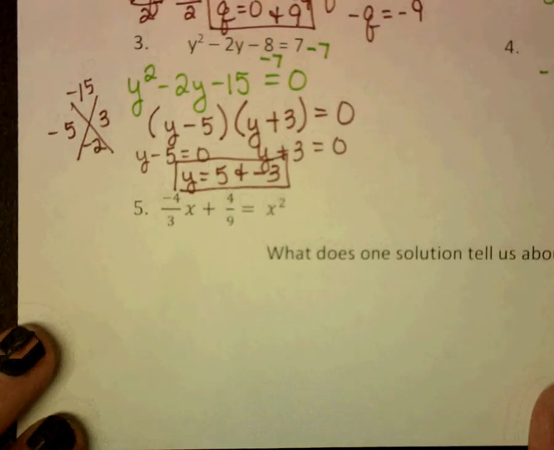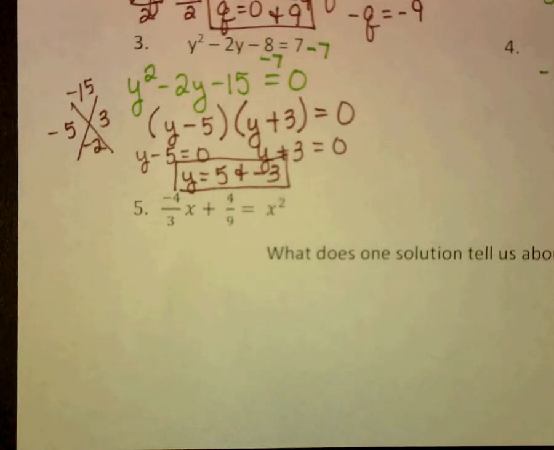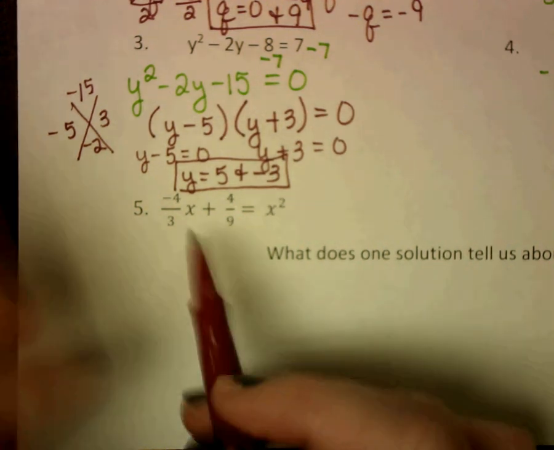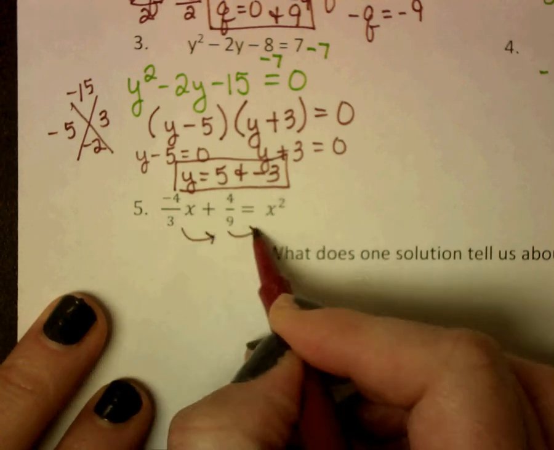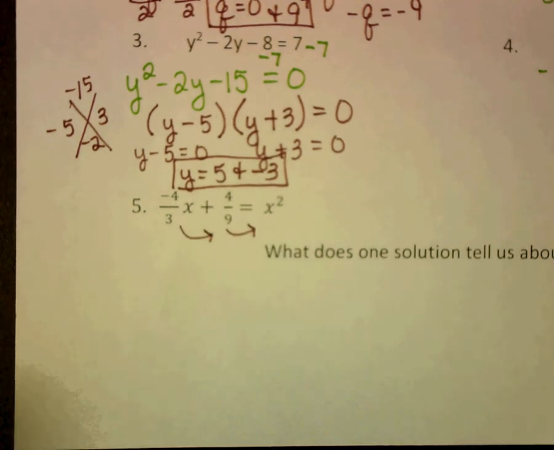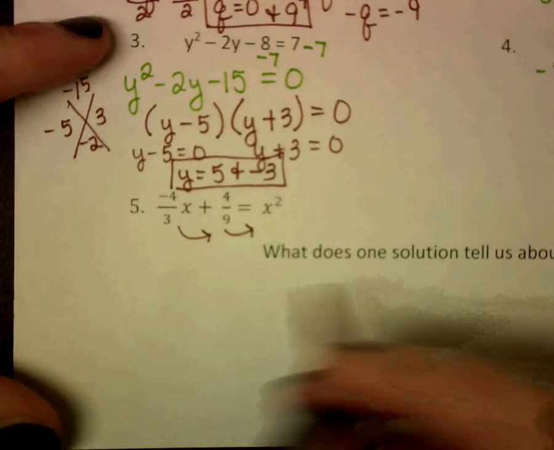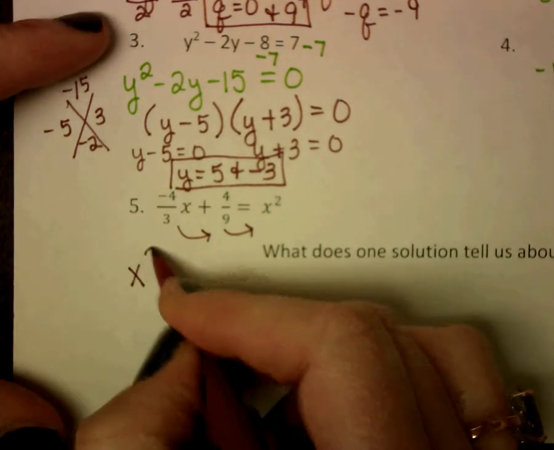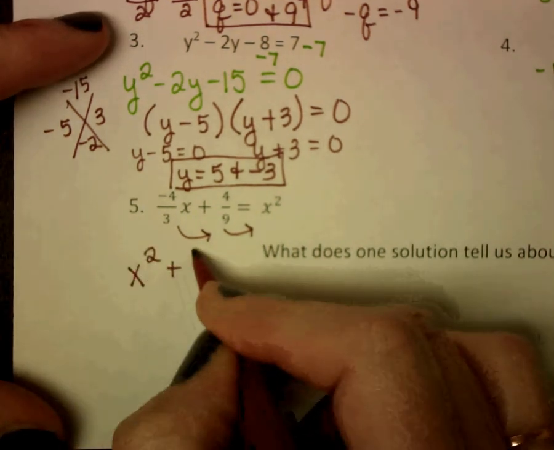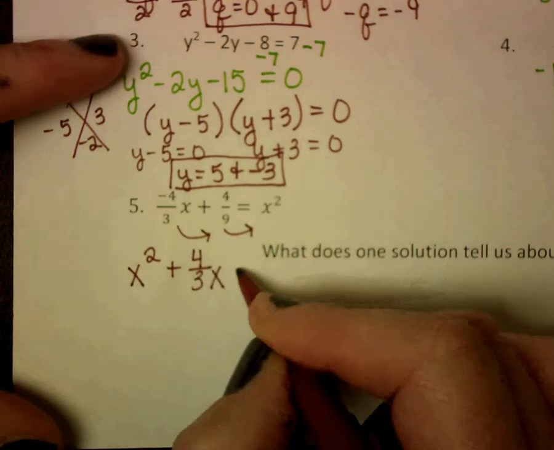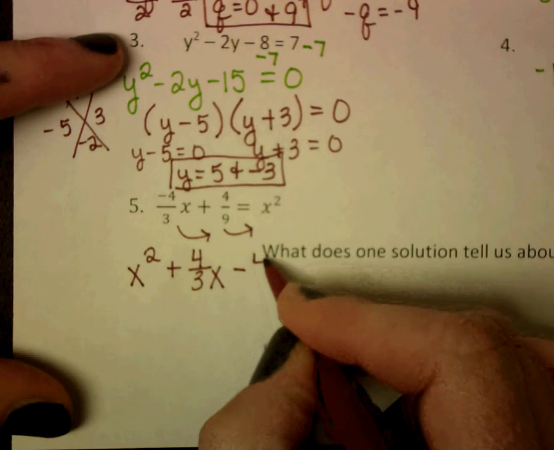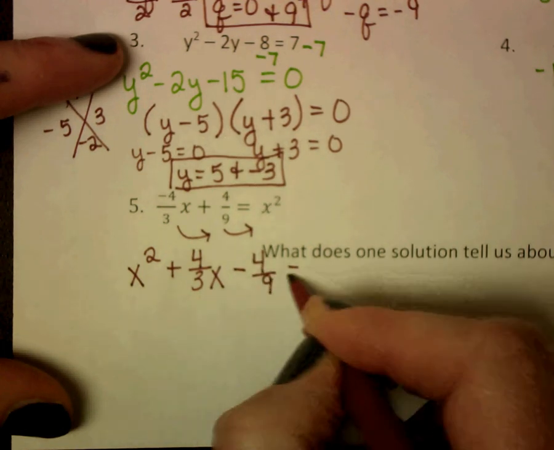And then on number 5, okay, we need to get this one equal to 0. I'm going to suggest maybe that we should go ahead and move our terms over here, and that way we can keep our x squared positive. So this would be x squared plus 4/3 x minus 4/9 equals 0.